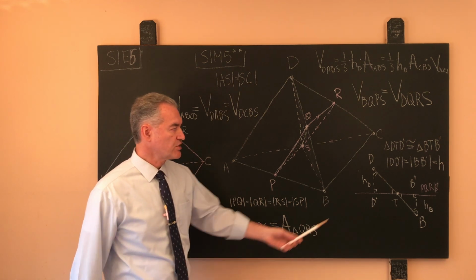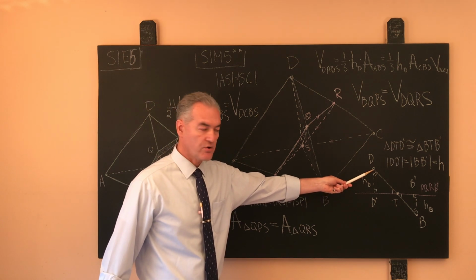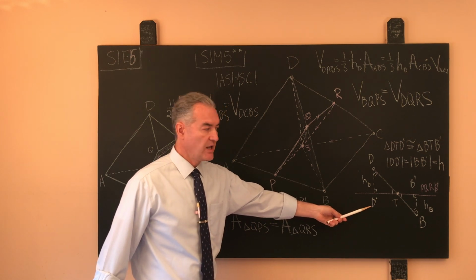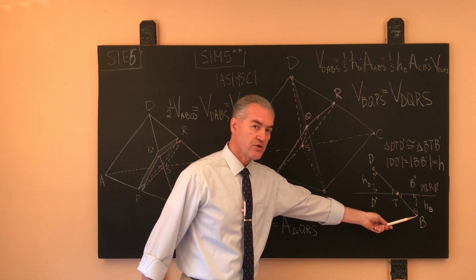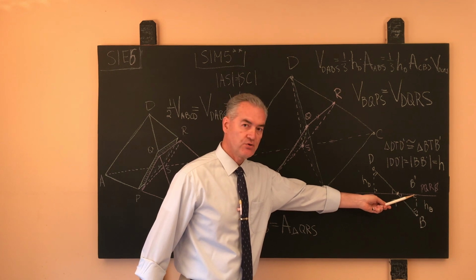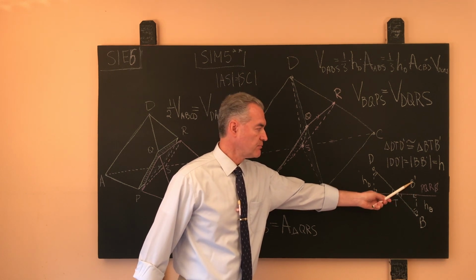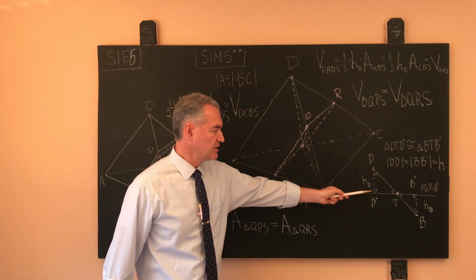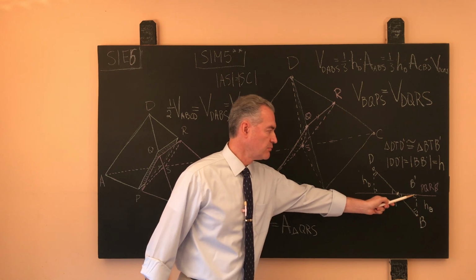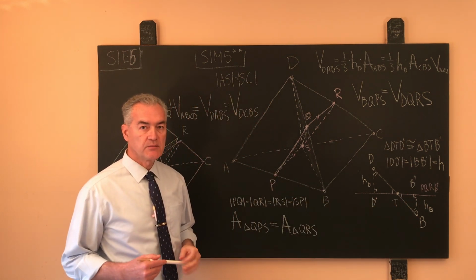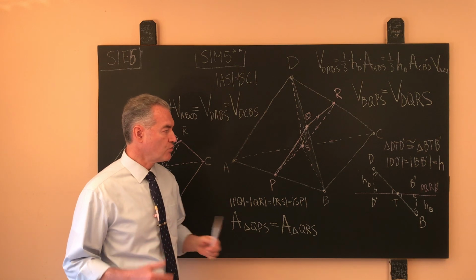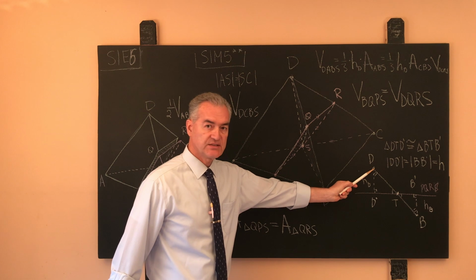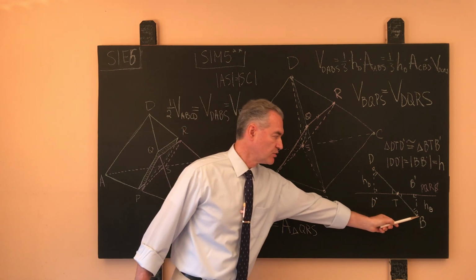Next, we project the point D orthogonally on the plane PQRS and obtain the point D', and we project the point B orthogonally on the plane PQRS and obtain the point B'. What can be said about the lengths of the line segments DD' and BB'? Well, again, by hypothesis, we know that the distance from the point T to the point D is the same as the distance from the point T to the point B.